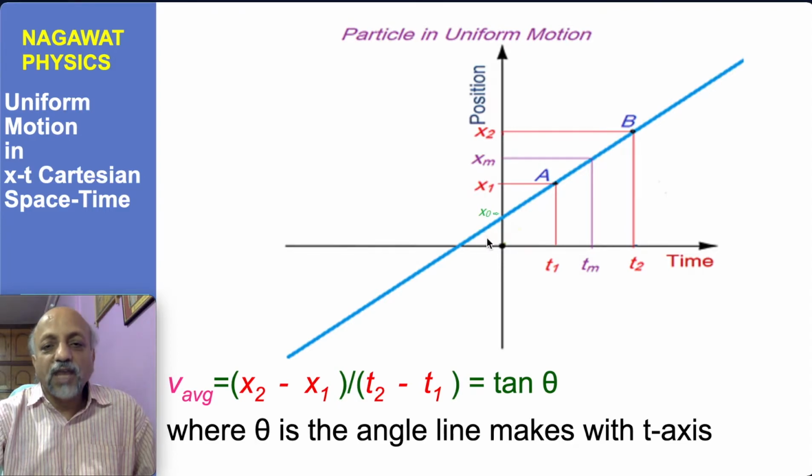So if you have this graph, you can determine the average velocity very easily by determining the slope, either by using this formula or by measuring the angle theta and getting the tangent of theta, which gives the value of average velocity.